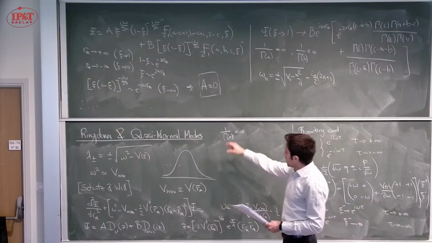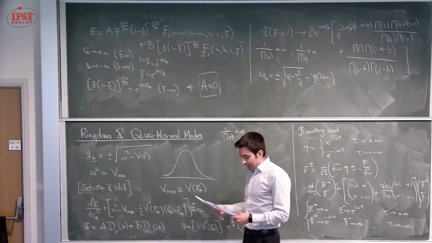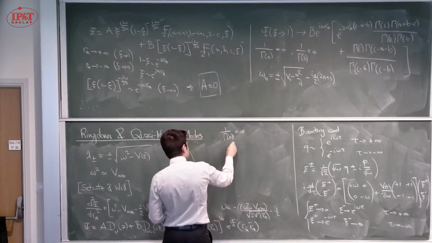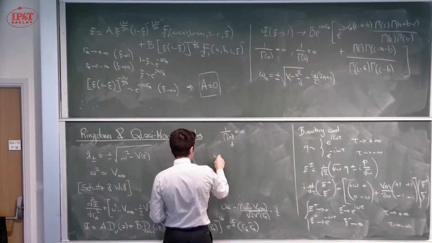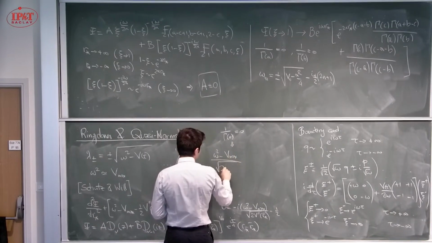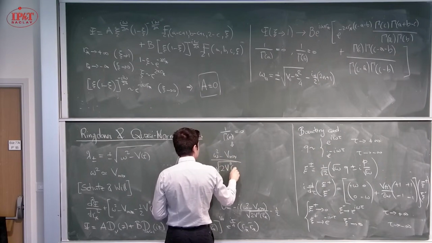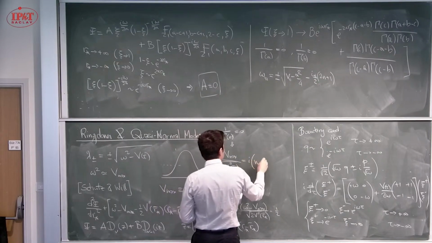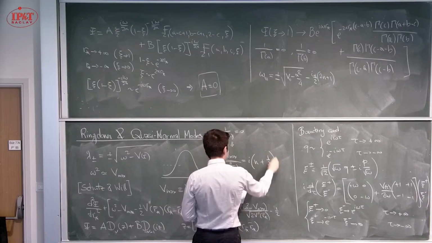So you have some condition that reminds of that, and in fact, if you impose this condition, what you get is omega squared minus V max, divided by root of 2 V double prime at r star bar, equal to i (n plus 1/2).